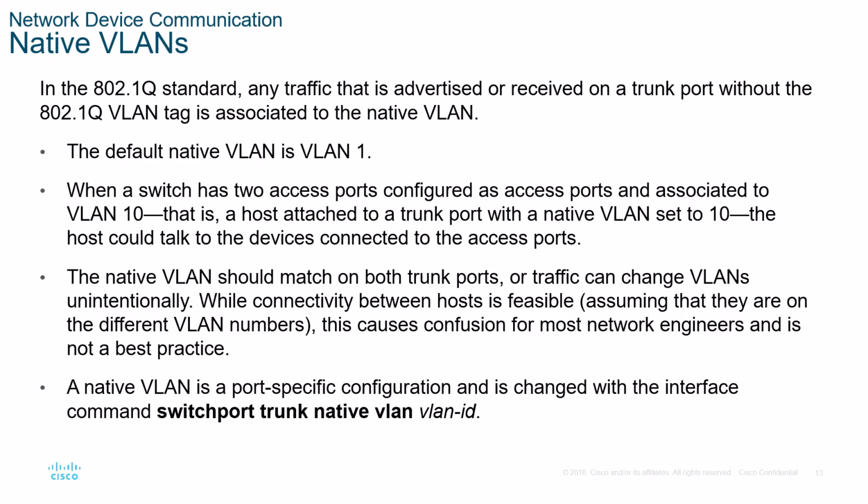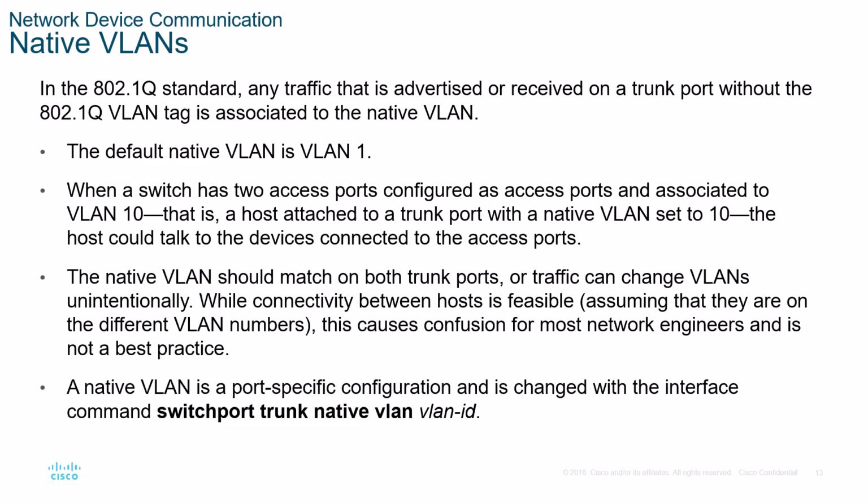So why does this matter? When the switch has two access ports configured and associated with whatever VLAN, in this example VLAN 10, a host attached to the trunk port with a native VLAN also set to 10 could then talk to the devices. Whatever the native VLAN is, that's what is going to allow it to communicate with the other VLANs.